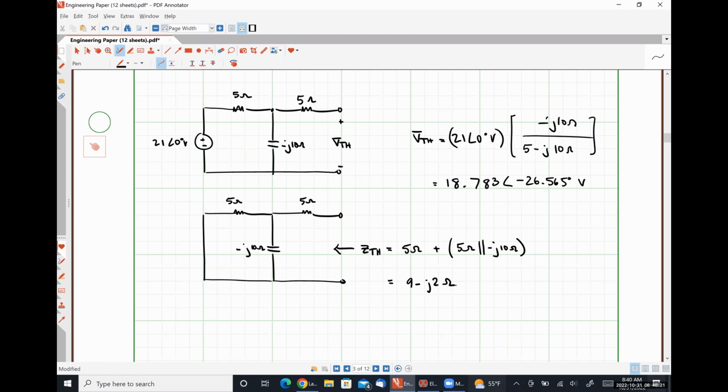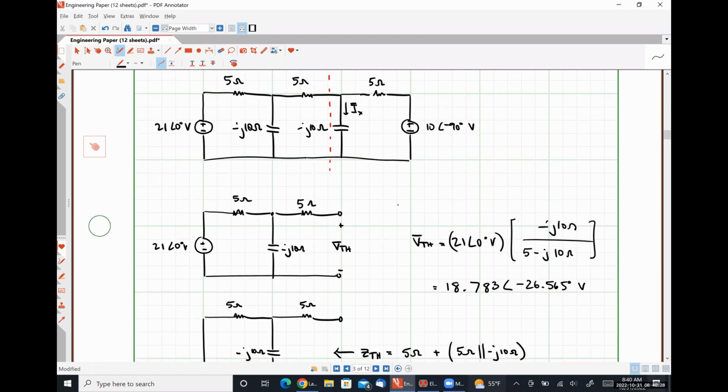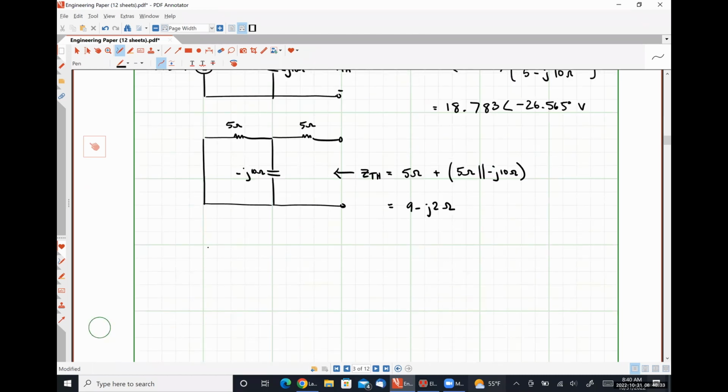So assuming I'm correct here, now what we would do is simply replace everything to the left of the dashed red line with its Thevenin equivalent. So we would have 18.783 angle negative 26.565 degrees volts in series with 9 minus J2 ohms.